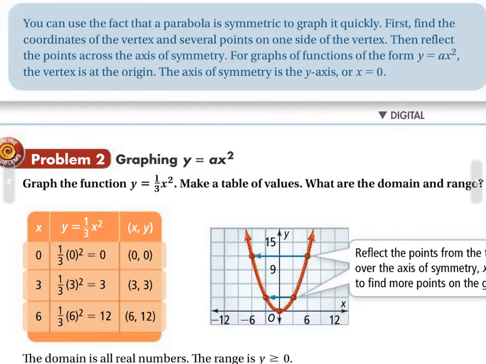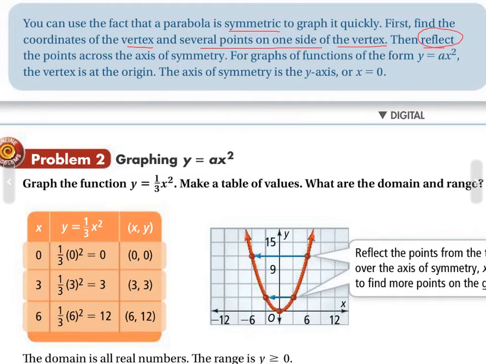So when it comes to making the graphs of these parabolas, sometimes it's possible to use that symmetric property of the graph to quickly generate it. So once we know where the vertex is, then we can choose some points on one side of the vertex and use that idea of symmetry to just reflect them and get the other side of the U-shape.